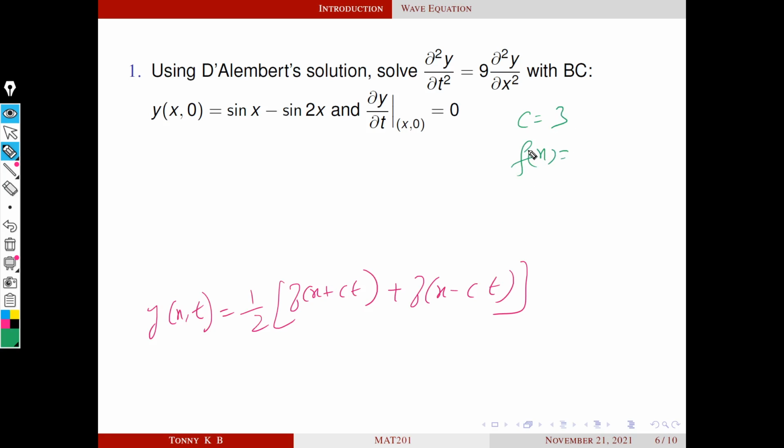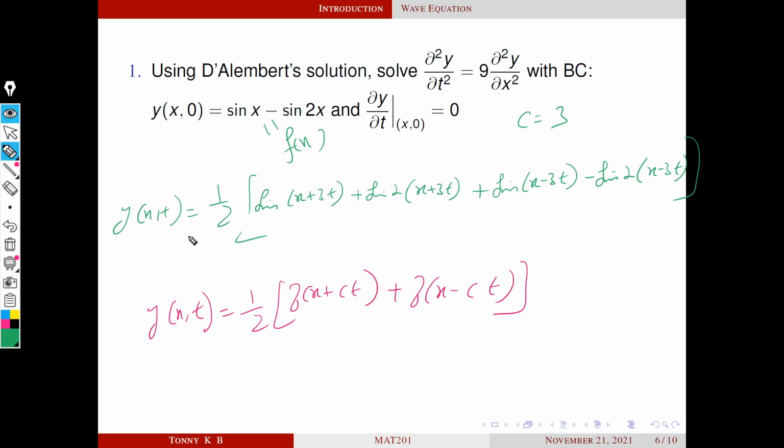And what about f of x? f of x is sin x minus sin 2x. So we have to just plug in all these values into this expression to find our y(x,t). So y(x,t) becomes 1 by 2, and this is our first term f of x plus 3t, and this is our f of x minus 3t.